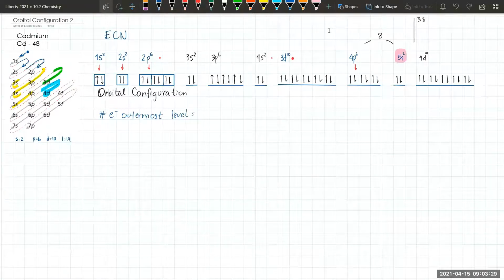The outermost level is 5, because it's the greatest quantum number, which is 5s2. And in that orbital, I have only two electrons. So this is my number of electrons in the outermost level. Okay, 2 electrons.